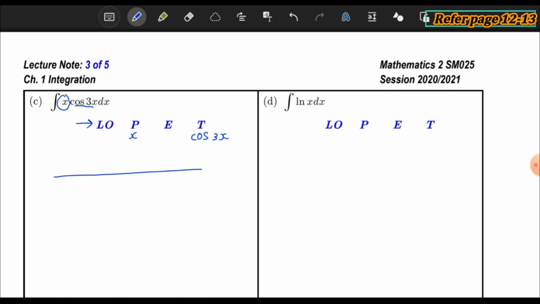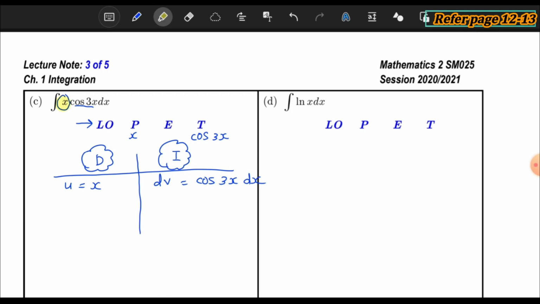So we divide into 2 parts. We have to differentiate u, and u is x. And we have to integrate dv. dv is cos 3x dx.